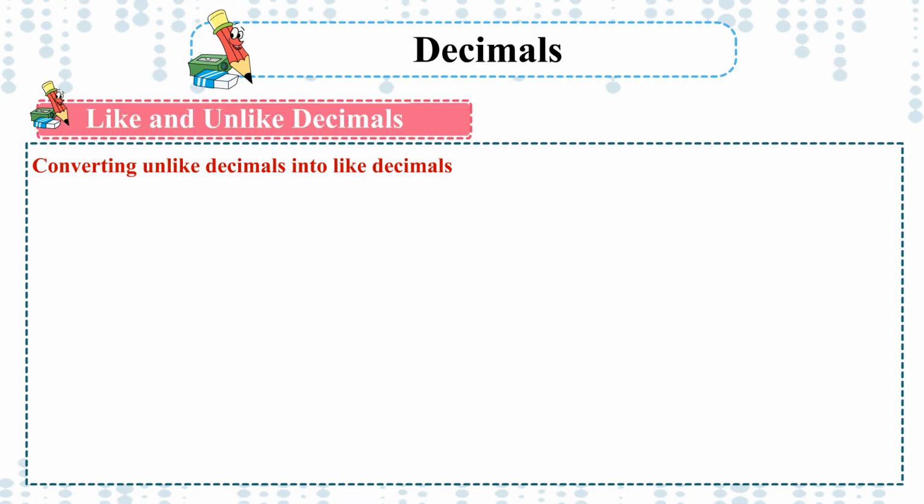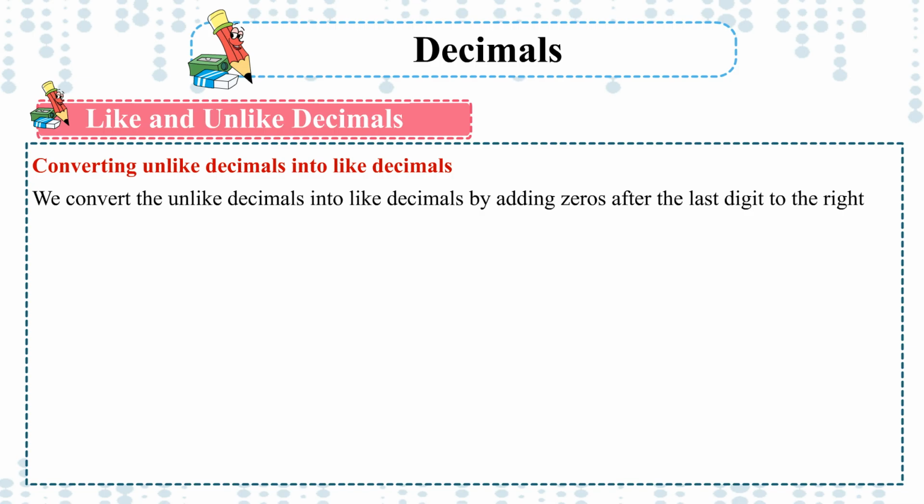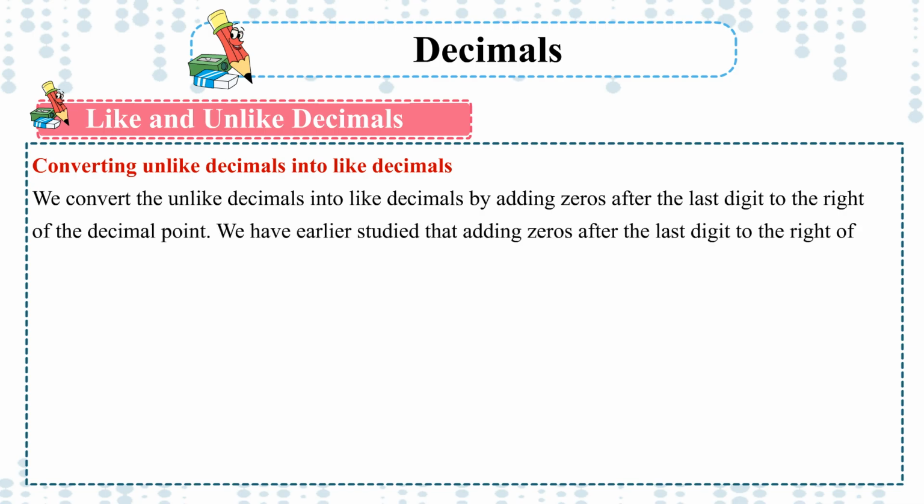Converting unlike decimals into like decimals. We convert unlike decimals into like decimals by adding zeros after the last digit to the right of the decimal point.